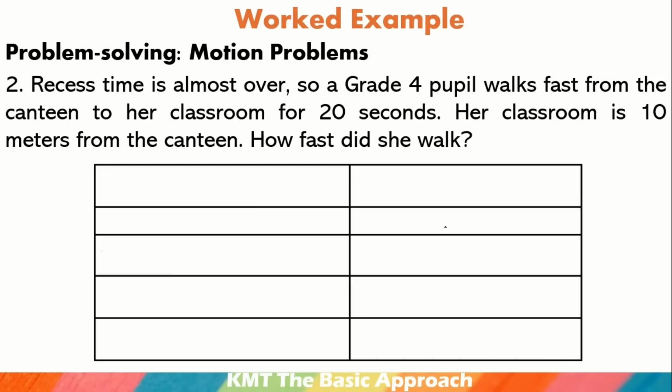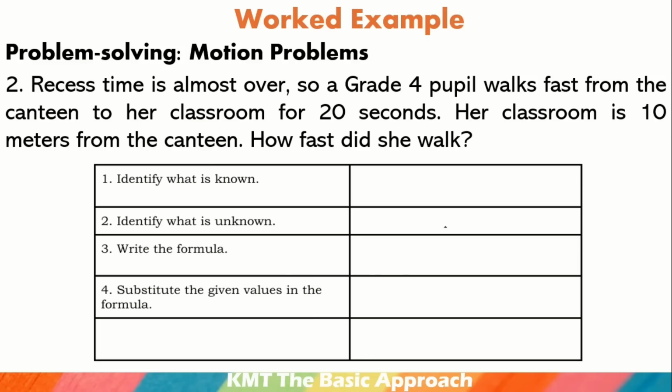Now let's answer. First, let us identify what is known. Second, identify what is unknown. Third, write the formula. Fourth, substitute the given values in the formula. And fifth, write the final answer with the correct unit of measure.